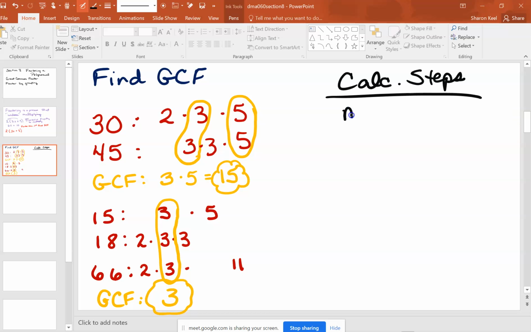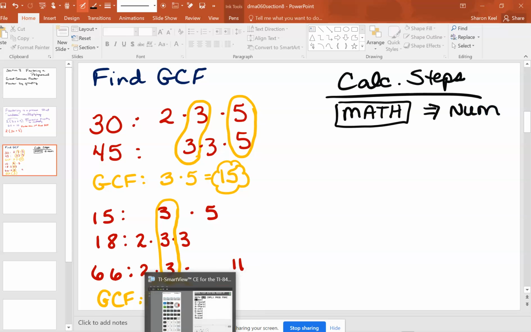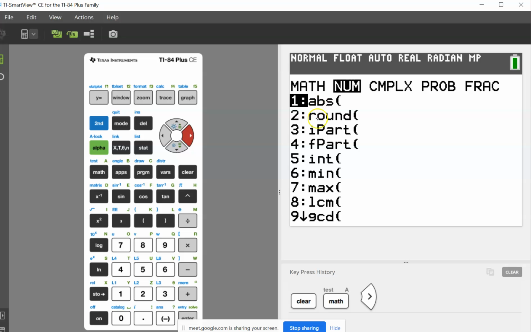So let me write these down. Math, and I'll put a square around it so you'll know it's a button. And then you're going to press the right arrow key to go over to NUM, okay? Now, as we see all of these things here, we're going to choose number 9, where it says GCD. GC is greatest common.